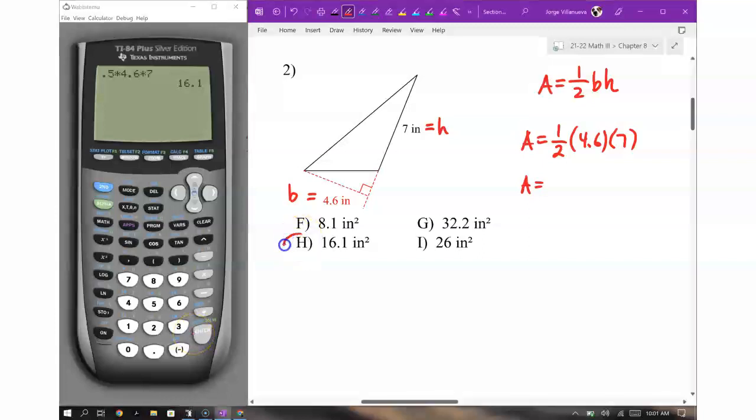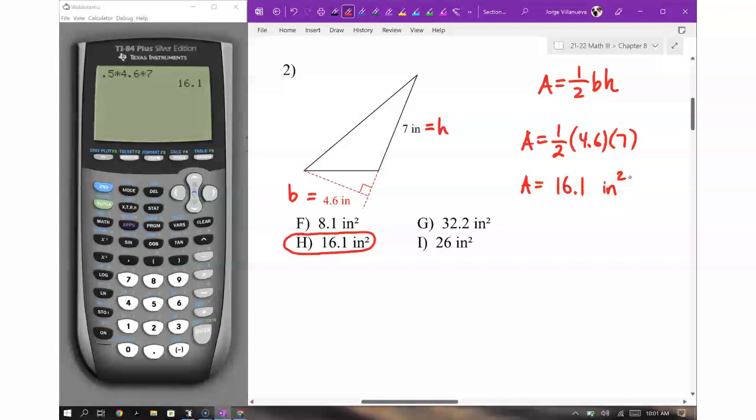By the way, I know we didn't talk about units, but area is always units squared: inches squared, feet squared, meters squared, okay? So area is always square units. When we get to volume, those are called cubic. So inches cubed, feet cubed, meters cubed, okay? So just so you know, area is always in square units. All right? So that would be 16.1, like we said, 16.1 inches squared.